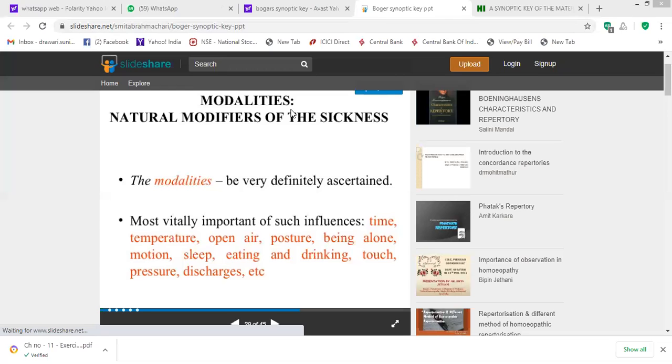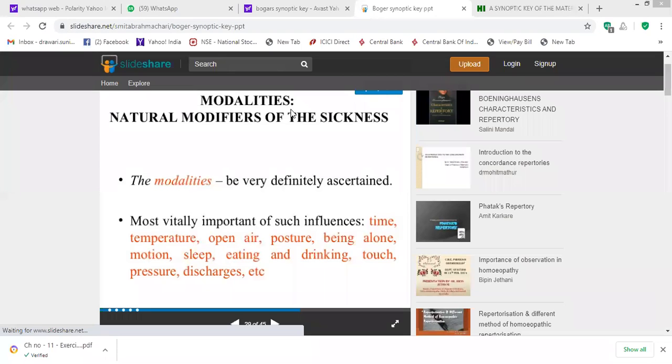So, out of these, at what time, in which temperature does the patient feel better, and in what kind of temperature is the condition aggravated? Does the open air aggravate or ameliorate the complaint?